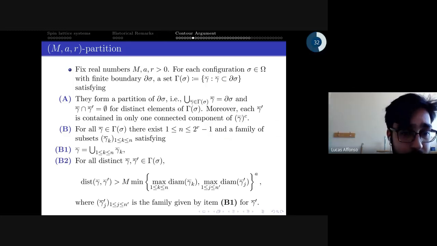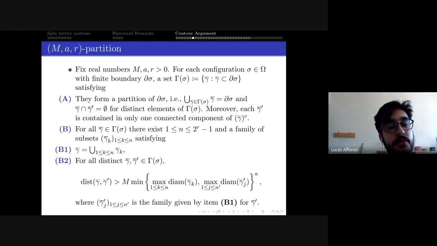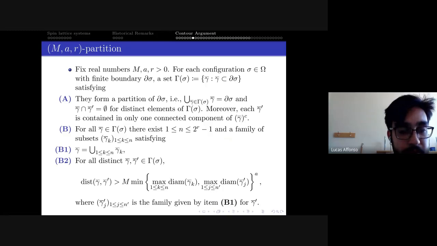And for all distinct gamma and gamma prime, the distance between gamma and gamma prime is larger than this large quantity that you are seeing now. I know that this may be hard to grasp the first time, but I have more drawings to show what I mean by this.